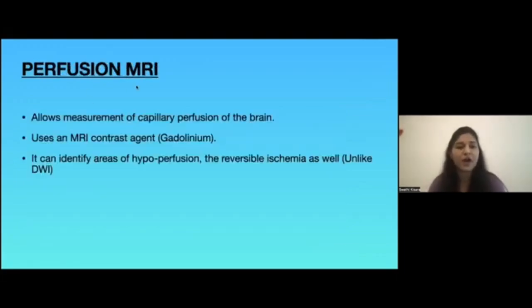Coming to perfusion MRI, it allows measurement of capillary perfusion of the brain. It uses an MRI contrast agent called gadolinium. It can identify areas of hypoperfusion, that is the reversible ischemic areas as well, which diffusion weighted images cannot identify.